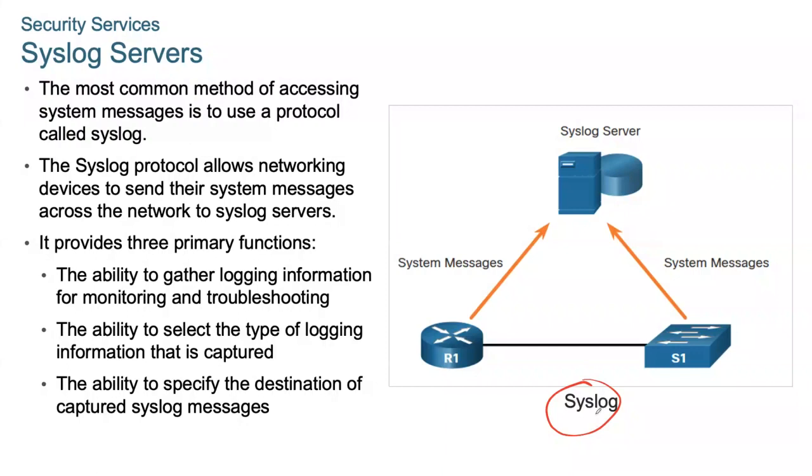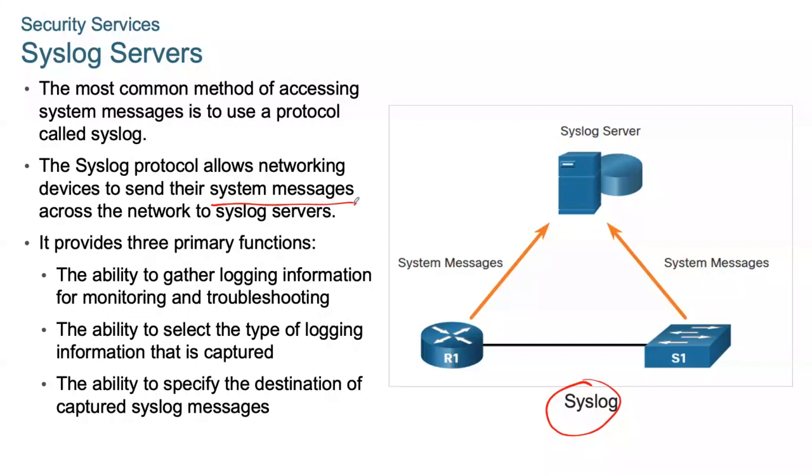When a certain event occurs on a network, networking devices have a trusted mechanism to notify the administrator with detailed system messages. What are the detailed system messages that it will give? It will be in this Syslog protocol.